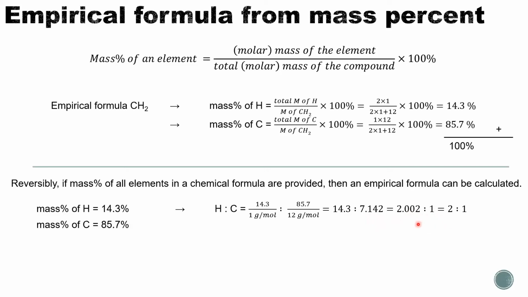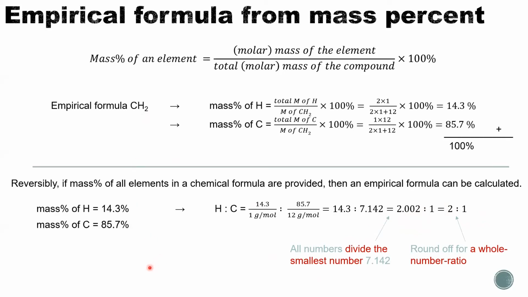So by doing that calculation, we now have 1 in the ratio. So it's 2.002 to 1. And now finally, we need to round off to have a whole number ratio. So it's 2 to 1. And that's the empirical formula CH2.